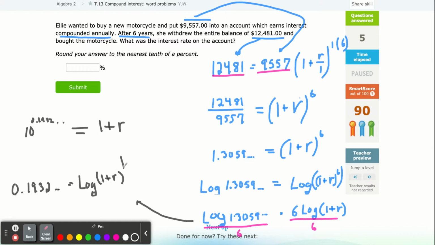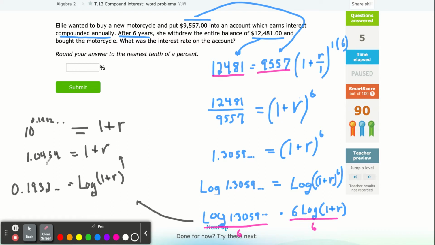So I've kind of worked back this way. Let's find out what 10 raised to that power is. I get 1.0454 is equal to 1 plus r.